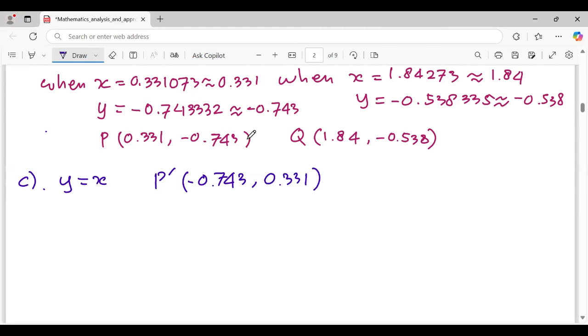So y becomes x and x becomes y. And then the image of Q becomes minus 0.538, comma 1.84.